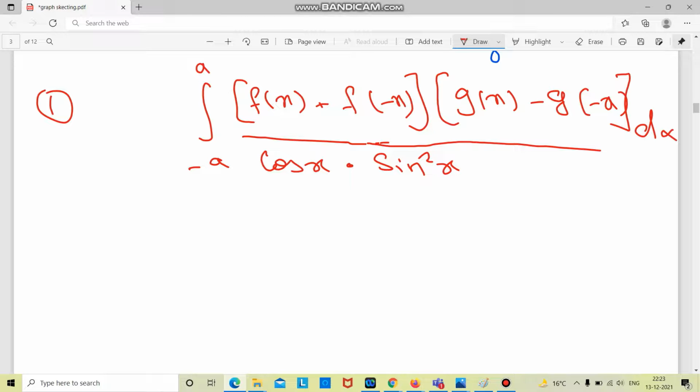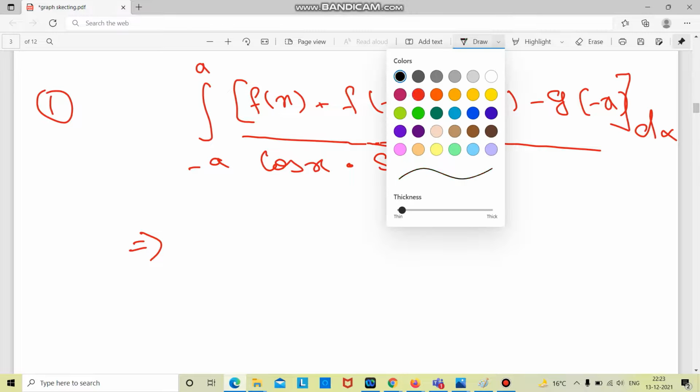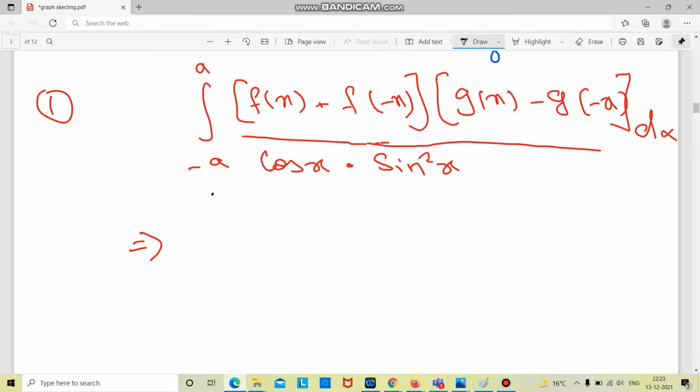How to calculate this? On the first attempt, it would look very hard and very lengthy, but it is very simple. Wherever you see the limits from minus a to a, you can think of it as a property of odd and even.